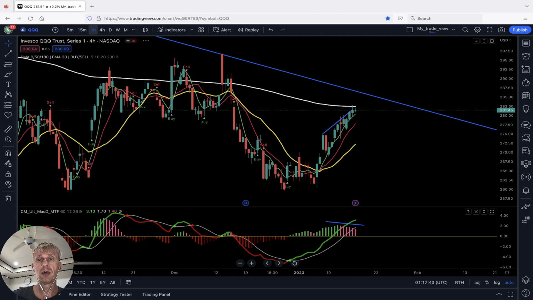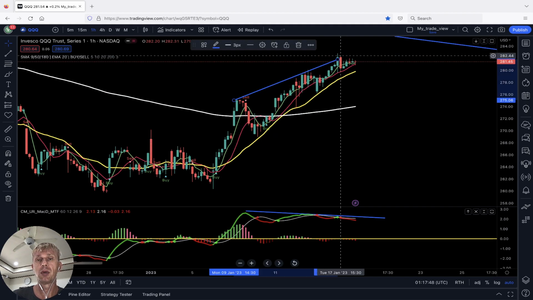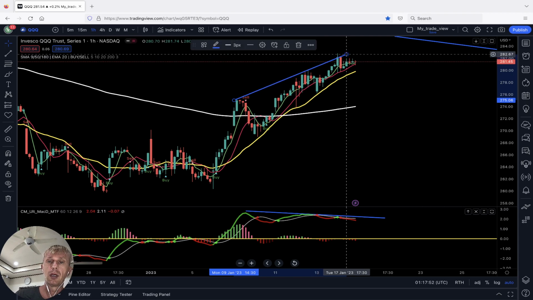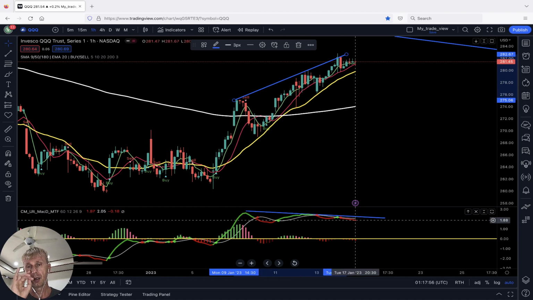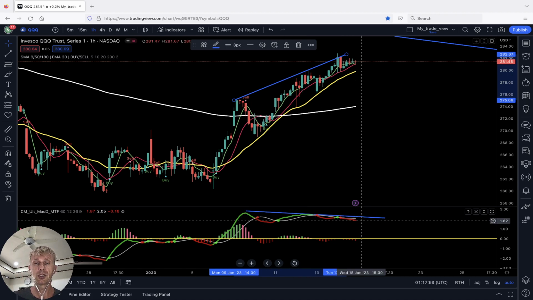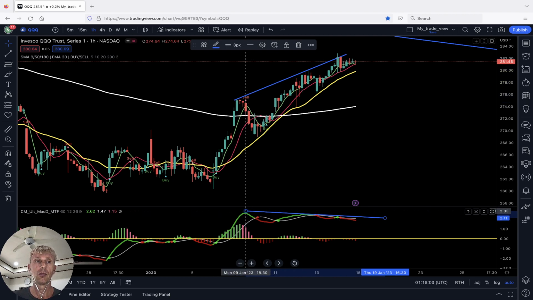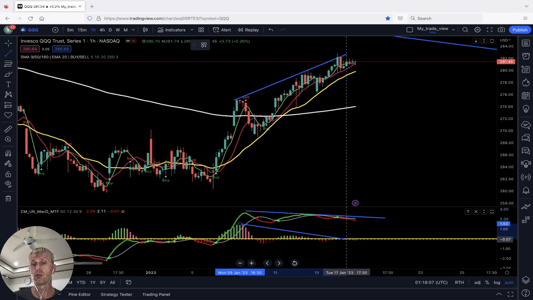Let's move to 1 hour. 1 hour, it has bearish divergences, right? The price action is uptrend, and it has bearish divergences on MACD, bearish divergences on histogram also. On the MACD line, it has multiple bearish divergences. It wants to have correction.